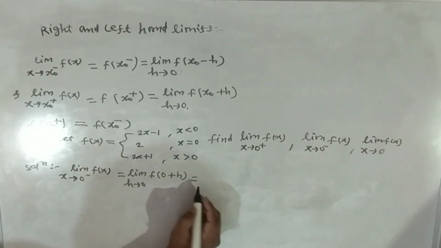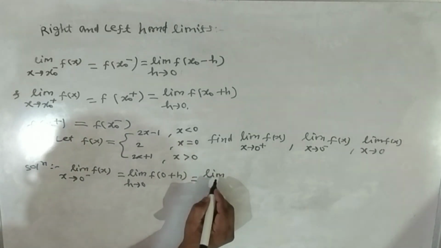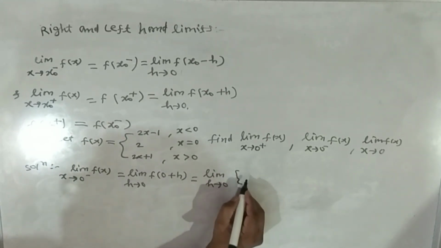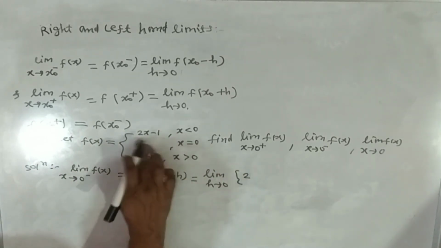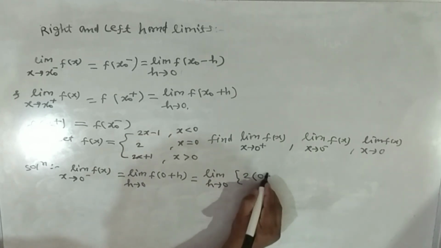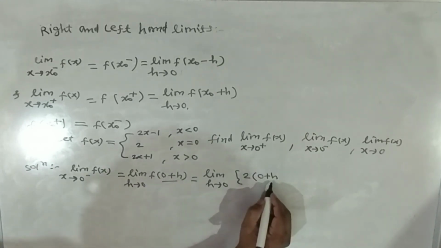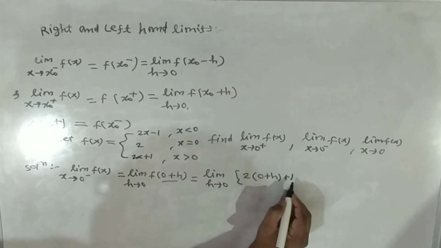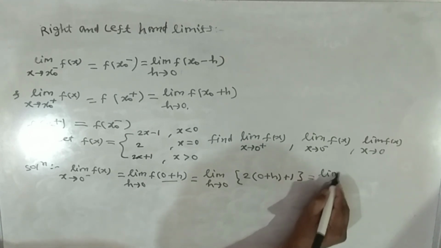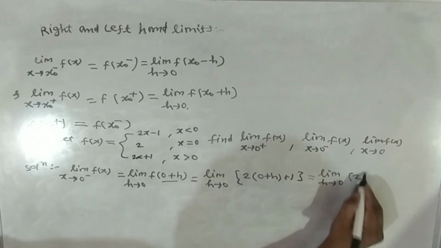Here for x greater than 0, f of x is 2x plus 1, so in place of x we have 0 plus h, giving the limit as h tends to 0 of 2h plus 1.